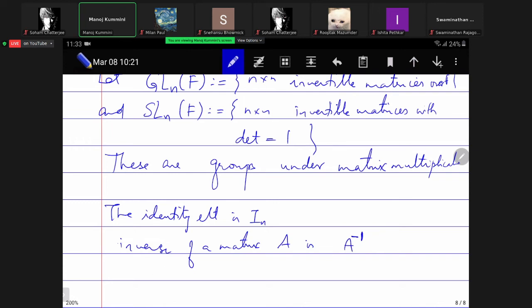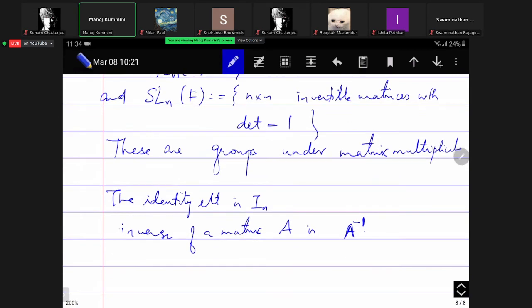On the one hand, we're talking about the inverse of the matrix with respect to the group operation. On the other hand, we mean A inverse as it's an invertible matrix. It is not purely a word play. There are definitions, but the words are chosen so that they carry the usual meaning. It's the inverse of the matrix. So this is an important example.